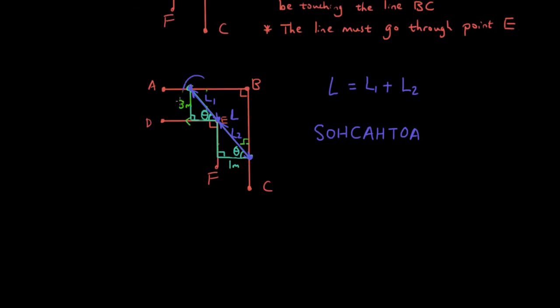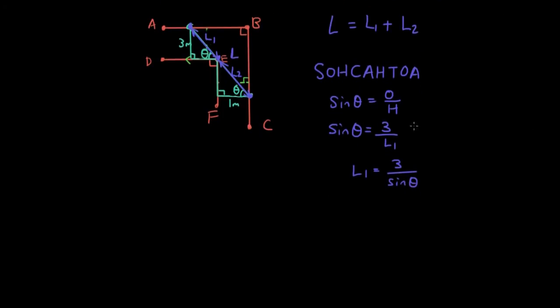Now if we focus on this triangle here, we have sine theta equals opposite over hypotenuse. So sine theta equals opposite, which is 3, over the hypotenuse, which is L1. If we rearrange that equation, we get L1 is equal to 3 over sine theta.